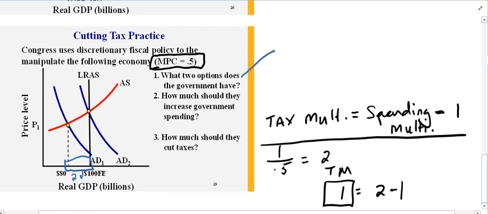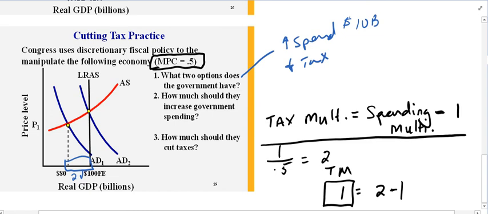So what two options does the government have? They can increase spending or decrease tax. Okay. Well, how much should they increase government spending? Well, we know our multiplier is 2, so they could increase spending by $10 billion.